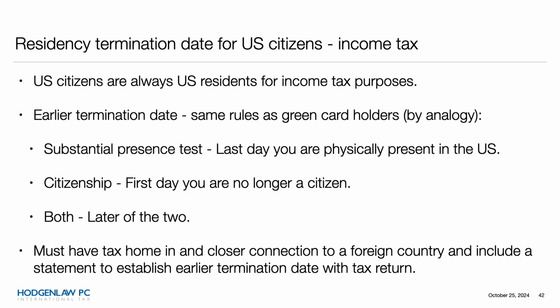And again, because we're applying these rules by analogy, basically the regulation says, treat citizens the same as residents for purposes of these rules and determining if a citizen is a resident. So I assume that a citizen would also need to have a tax home in and a closer connection to a foreign country and include a statement to establish earlier termination date with the tax return.